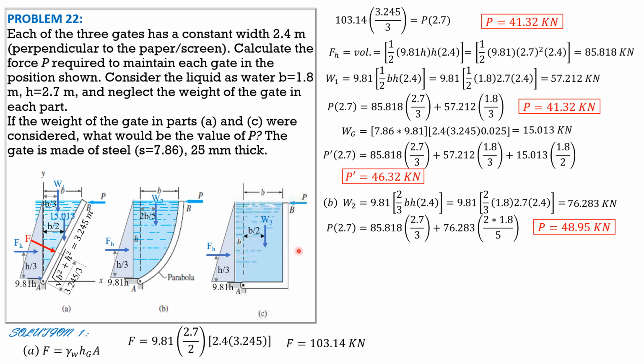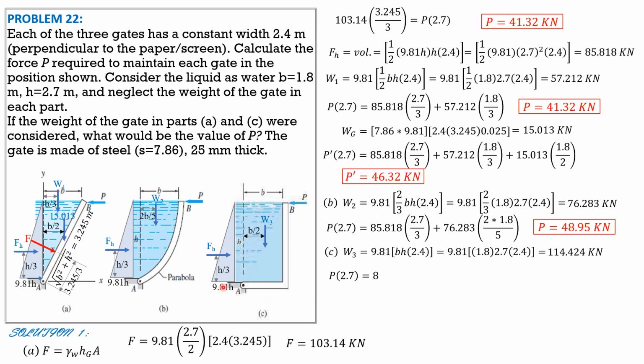And that's it for the first part, because in the second part we have to consider the weight of the gate. So weight 3 is 9.81 times volume. Volume is BH times the width perpendicular to the board 2.4. So 9.81 times 1.8 times 2.7 times 2.4. Weight 3 is equal to 114.424 kilonewtons.